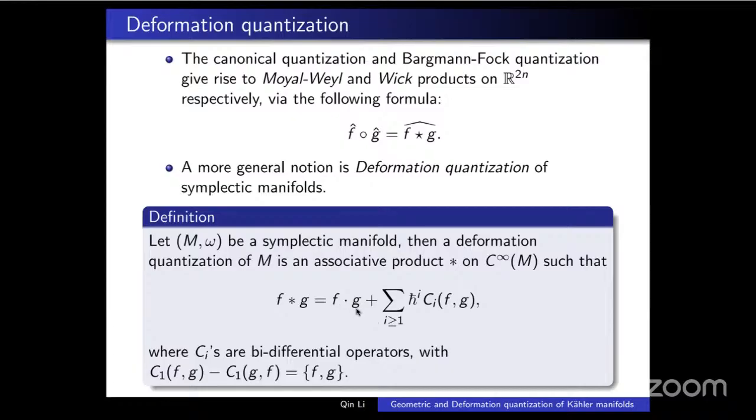The first term is f dot g, the classical commutative product. And then you have higher order terms, where these C_i are bidifferential operators.